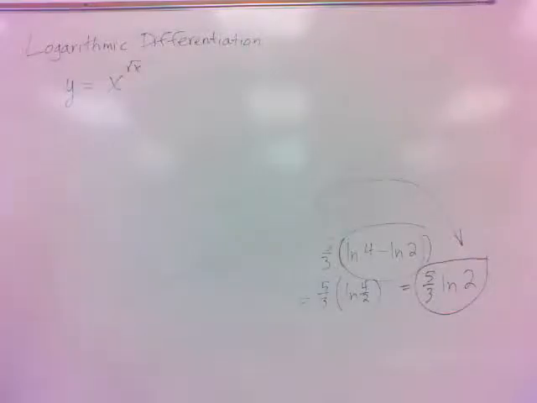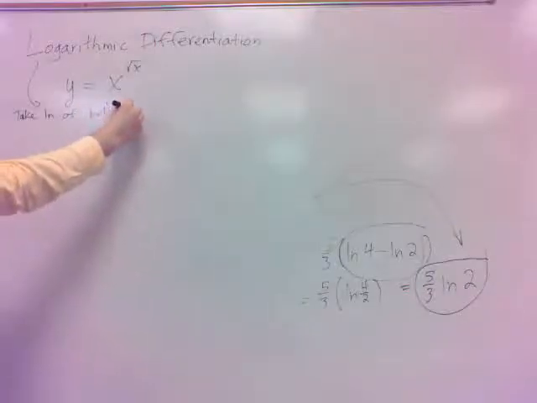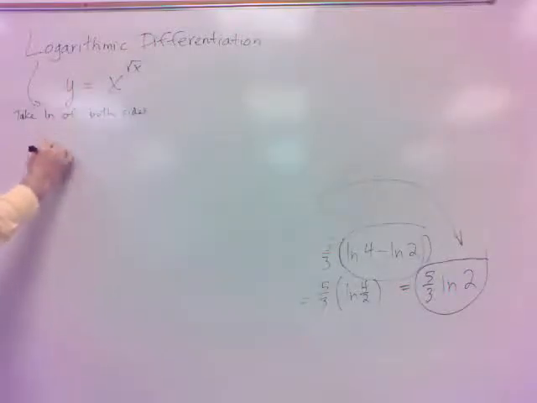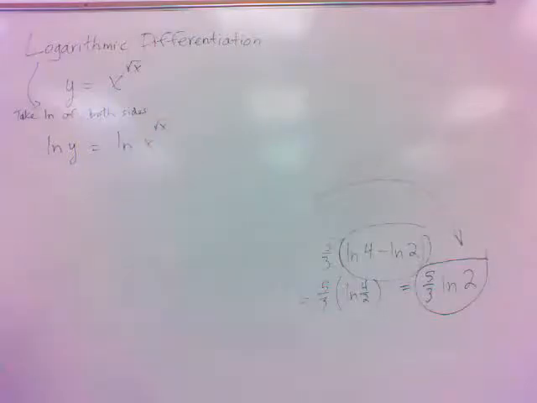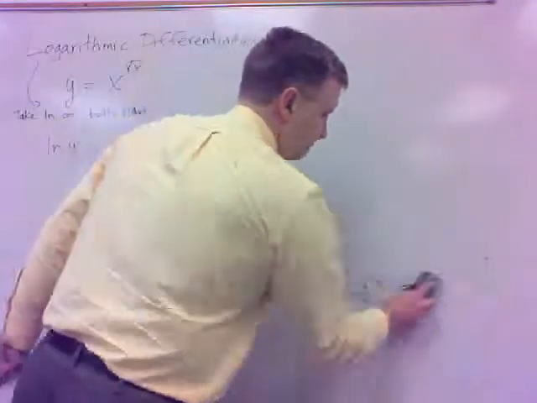We're just going to, first of all, start off with taking the log of both sides, ln of both sides. Because what that'll do, if I take the ln of y, take the ln of x to the square root of x. The reason this helps me is, what about that on the right side?